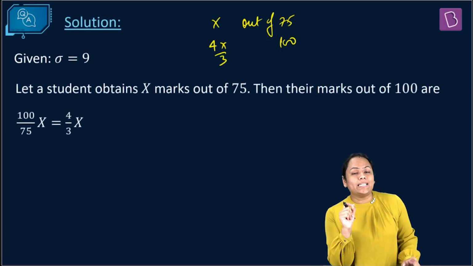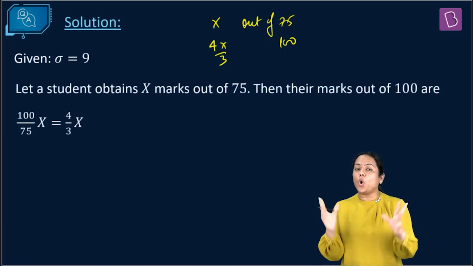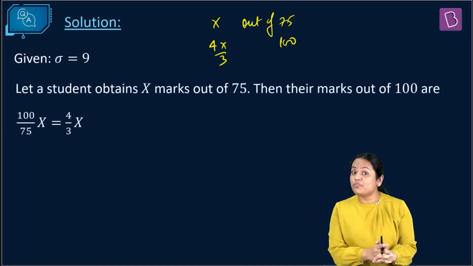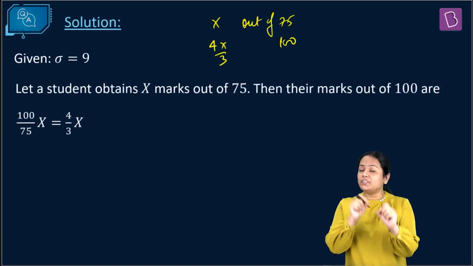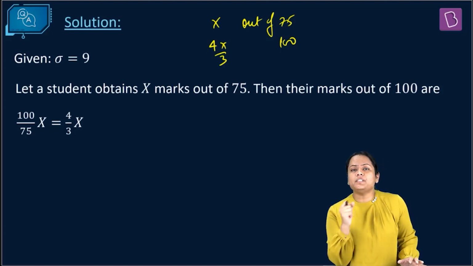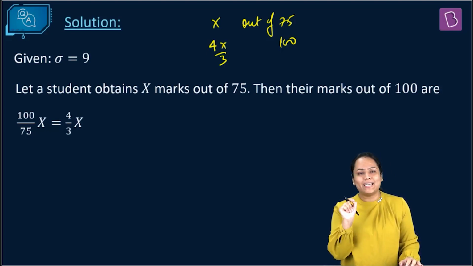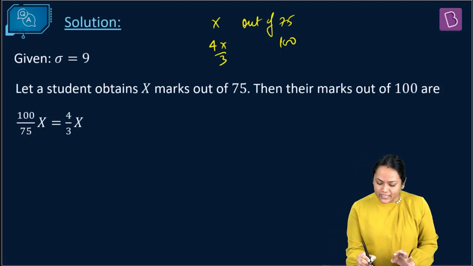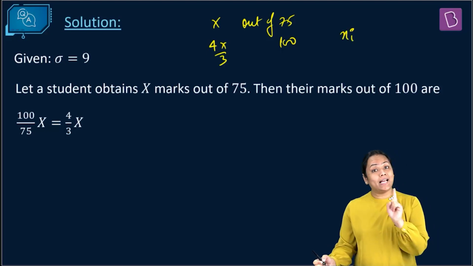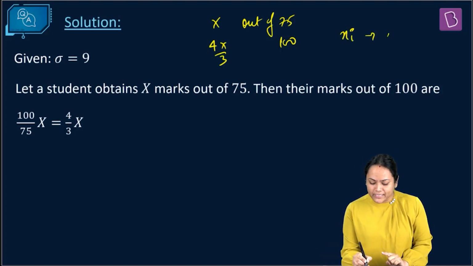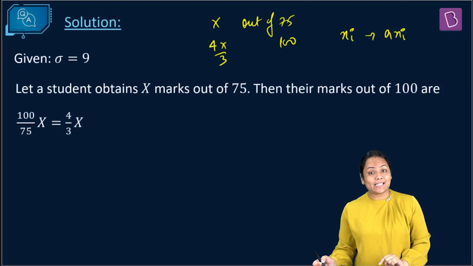That means all the marks are now multiplied by 4 by 3. And if that happens, what becomes the new variance? Well, we have a property for this, right? If initially I have data as xi and I multiply the data by a, it becomes a xi.